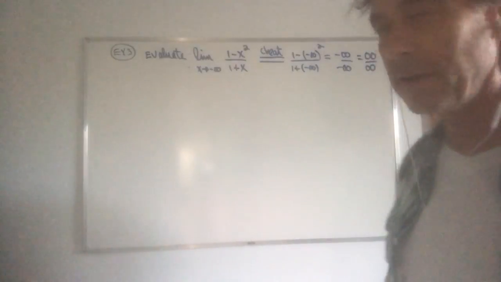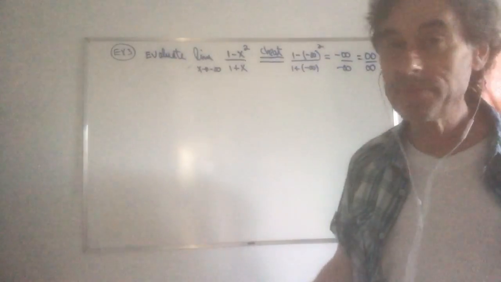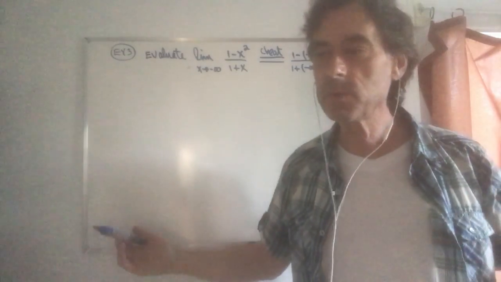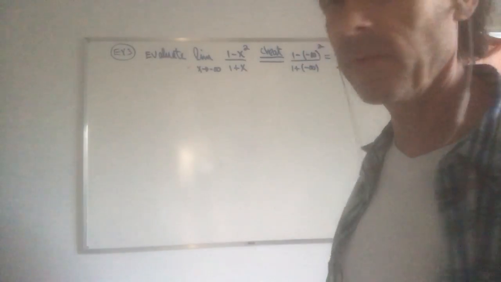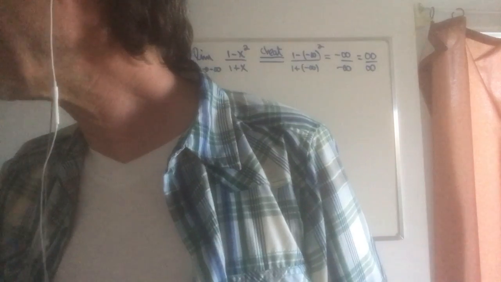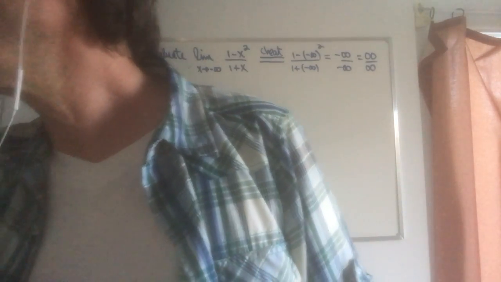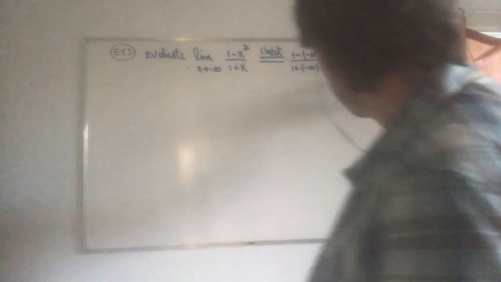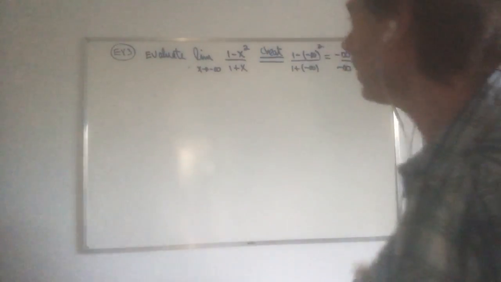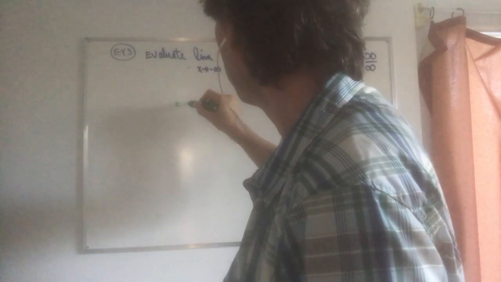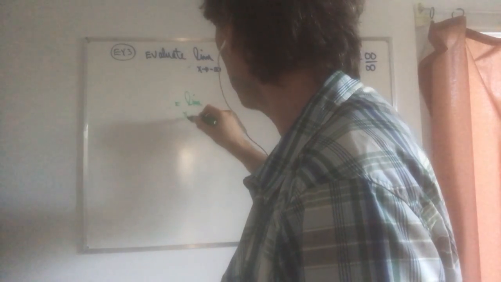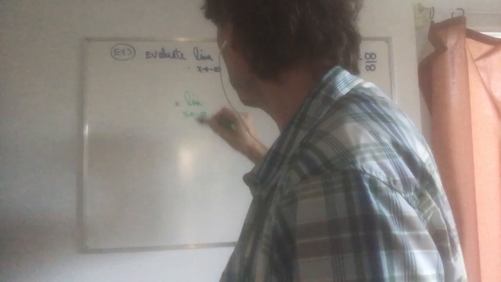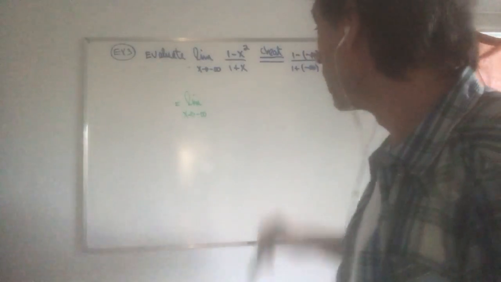It's indeterminate. What does indeterminate mean? It means we cannot leave the answer like this. We have to do extra work to figure out what this limit is. What is this extra work? Well, we're simply going to divide top and bottom by x to the highest power, because that's what we do when we have infinity over infinity. So this limit will now be equal to the following limit.